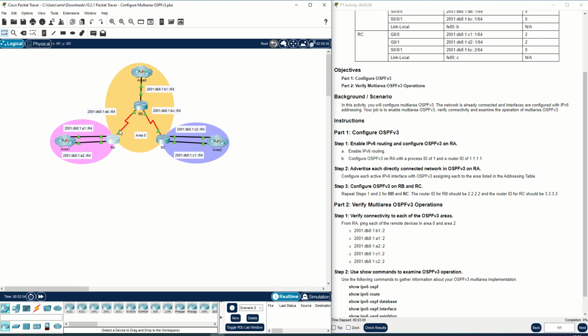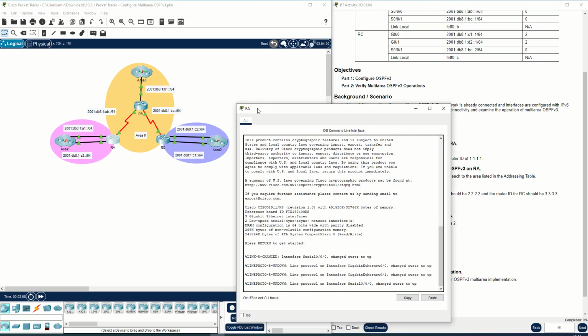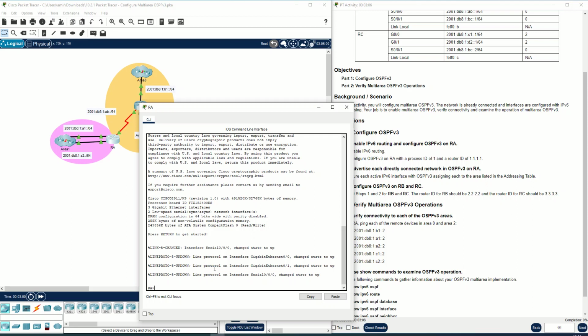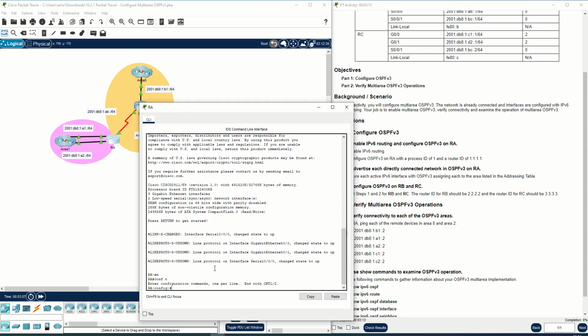We should go to the ABR, RA here, and first we should activate IPv6. Enter enable and configure terminal for global mode.